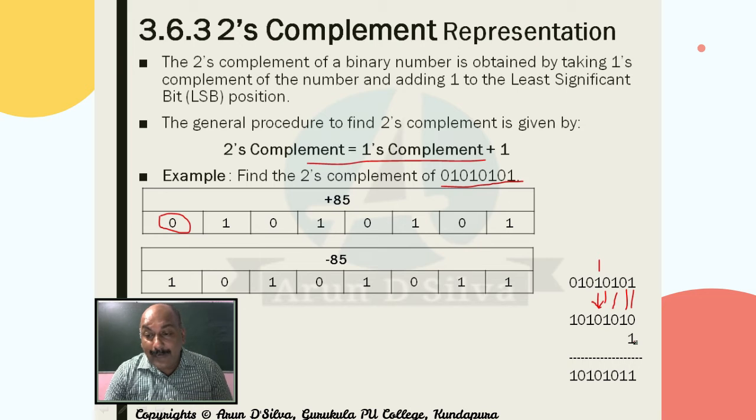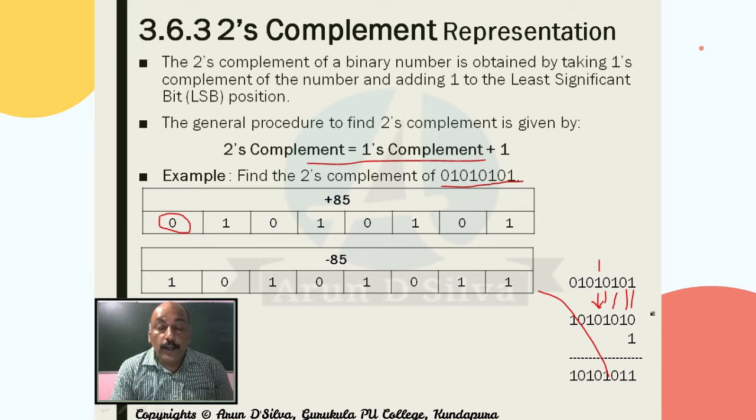And then add 1. The last bit, 0 plus 1, becomes 1, and the rest is as it is. So this is the 2's complement. This is another way the negative number is represented in the computer.